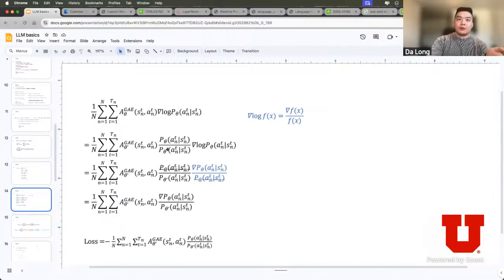We reuse the data from theta prime. Without theta prime, every time we sample from theta, we update the model and then have to sample the data from theta again. We couldn't reuse the data. But if we introduce theta prime, we can reuse the data.